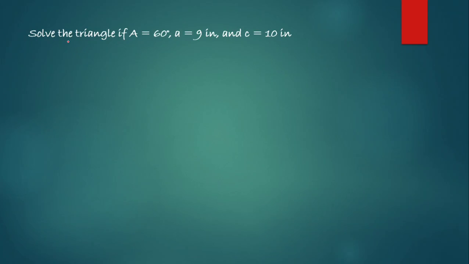Solve the triangle if angle A equals 60 degrees, side A equals 9 inches, and side C equals 10 inches.